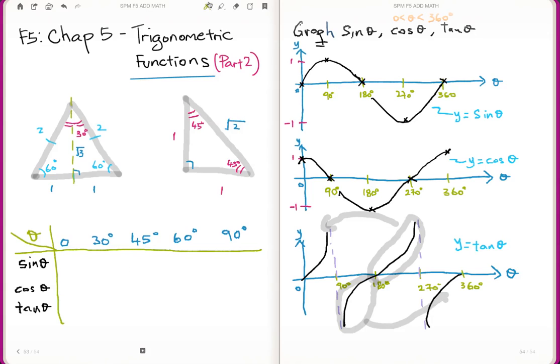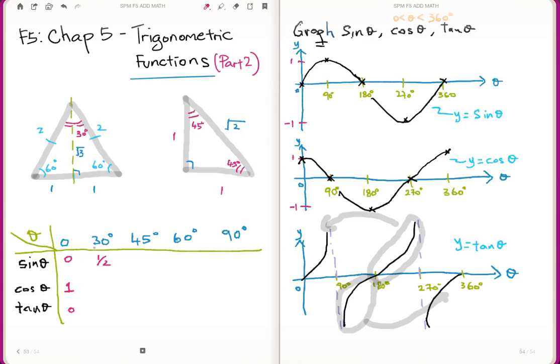Okay, so as a practice exercise, since you have gone through my first video, sine 0 will therefore be 0. Okay, cos 0 is 1. Tangent 0 is 0. Okay, then it goes to the next column, sine 30. Sine 30 will be 1 over 2.